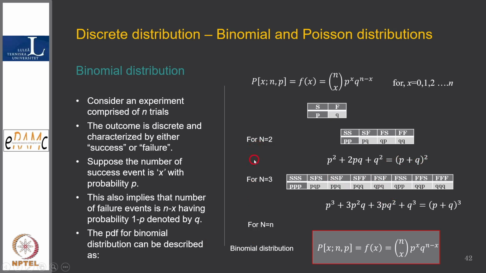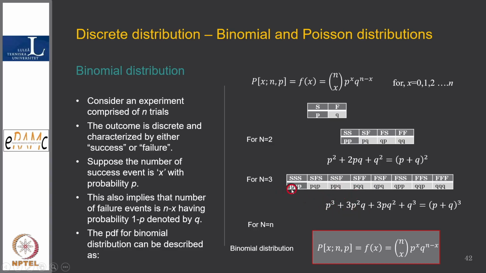Now on similar lines, we go for n equal to 3. So again we can draw this matrix. We are doing this to derive the expression for the binomial distribution. PPP is all success, then one failure with two successes, and various combinations we draw.